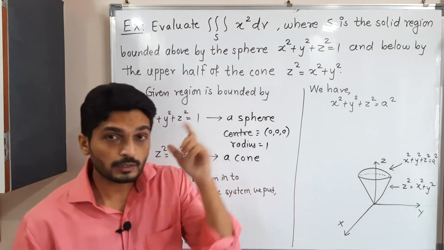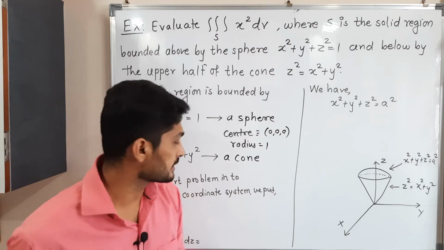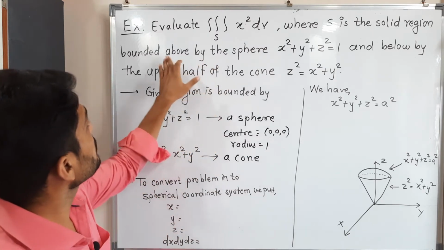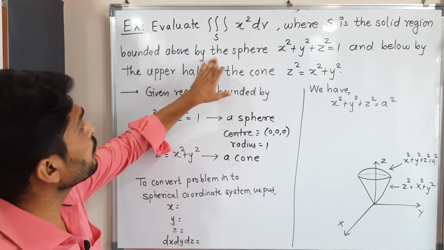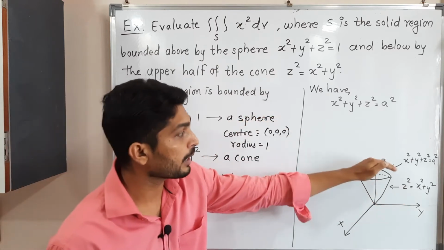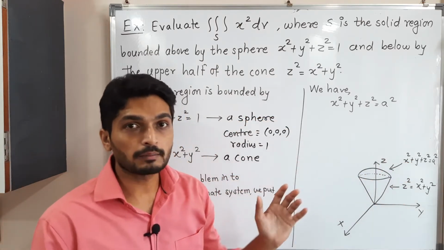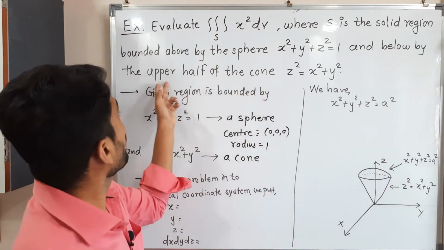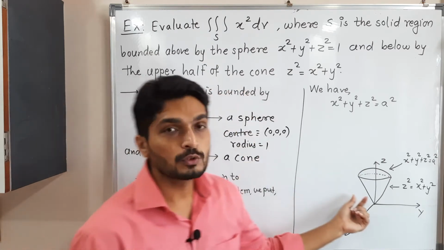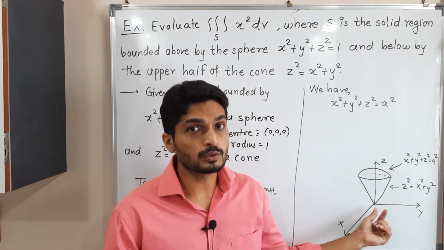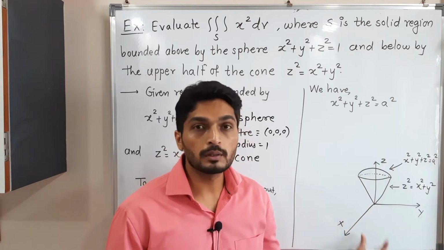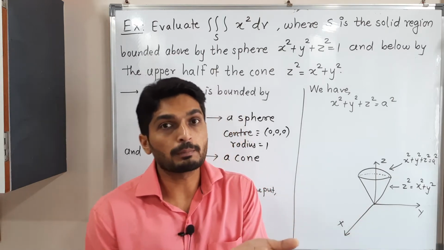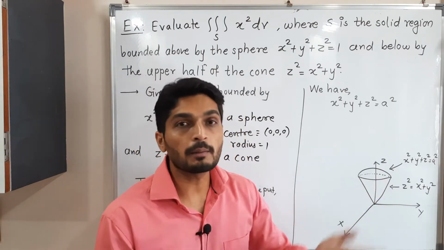If you read the question carefully, you can easily understand. What have they mentioned? The region bounded above by the sphere, and bounded below by the upper half of the cone. They have mentioned the upper half of a cone since you can consider the same cone below the xy plane, but we have to consider simply the upper half of the cone.